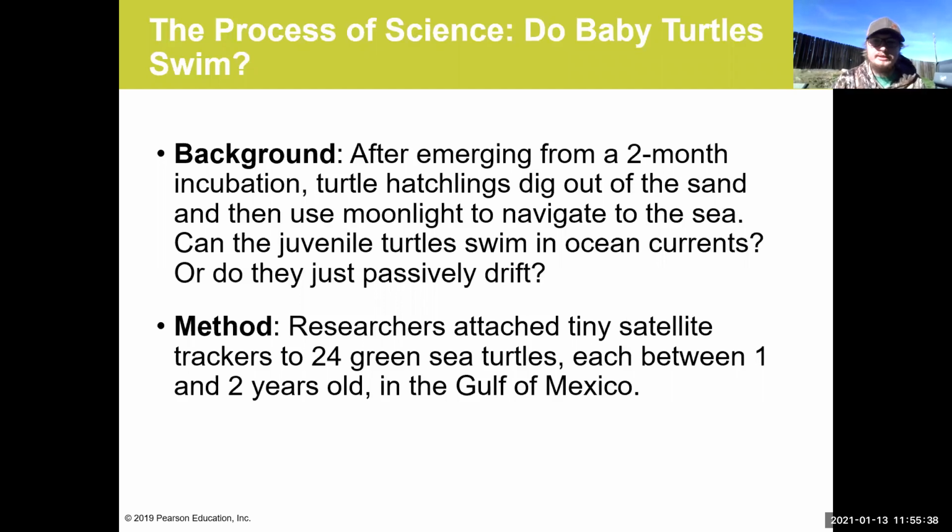And so the background in this is that after emerging from 2-month incubation in the eggs, the turtles hatch, they dig out of the sand, and they use the moonlight coming off the ocean to go to the sea. And so they wanted to know whether or not the juvenile turtles actually swim in the ocean currents, or do they just drift passively in the current themselves.